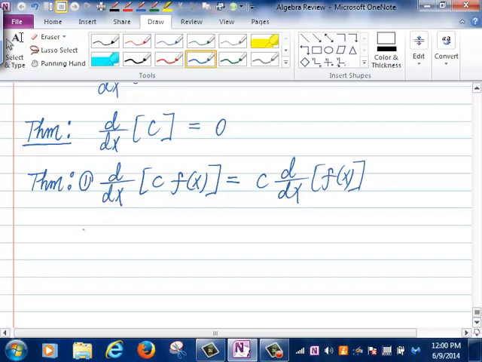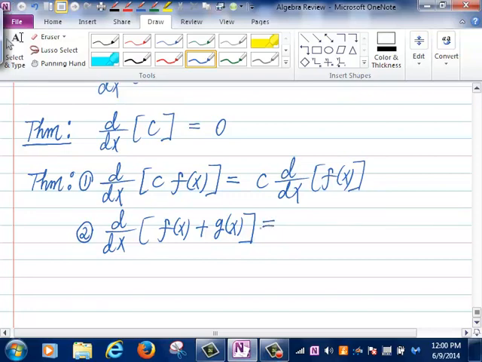And then what I have is what's called the sum formula for derivatives. You take the derivative with respect to x of f of x plus g of x. When you have a function which is a sum of other functions, then you can take the derivative term by term.